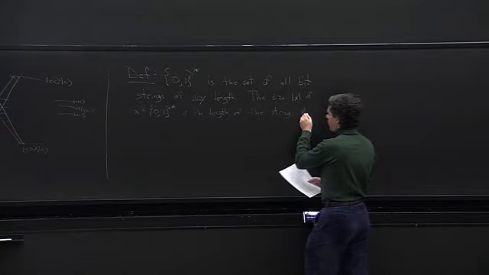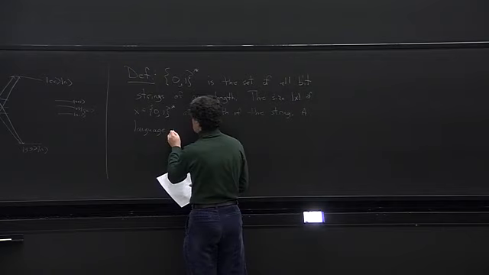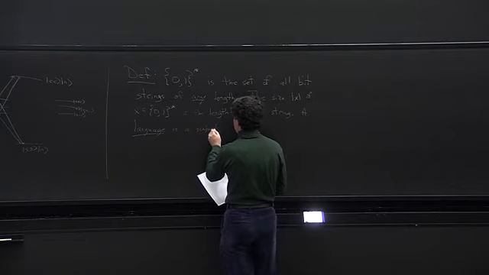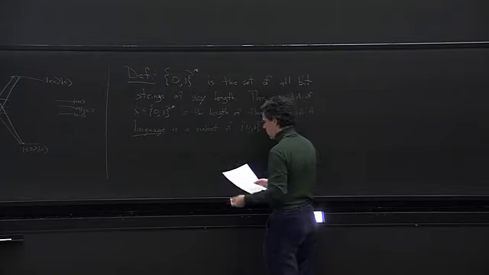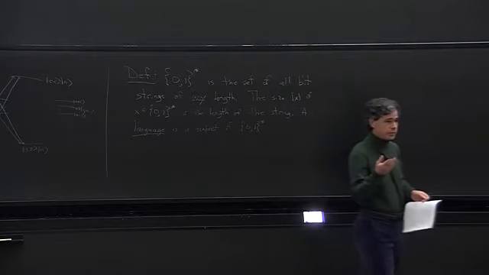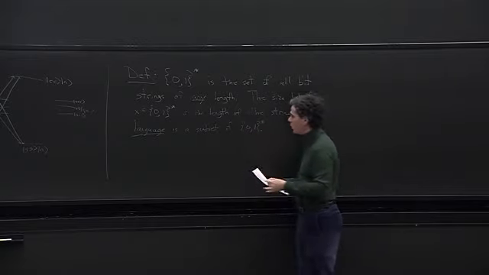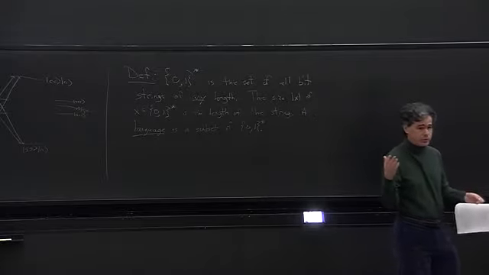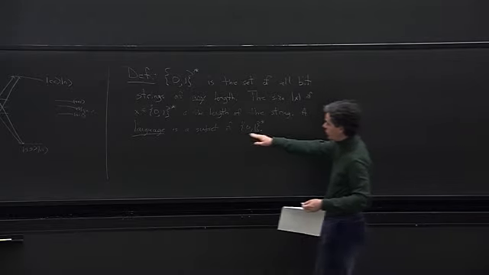And then we say a language is a subset of {0,1}*. And so this is a bit mysterious definition if you first come across it. So what do I really mean when I want to talk about a subset of {0,1}*? So I'm talking about some subset of bit strings. And what does that mean by saying it's a language? And how does that correspond to a problem in particular?